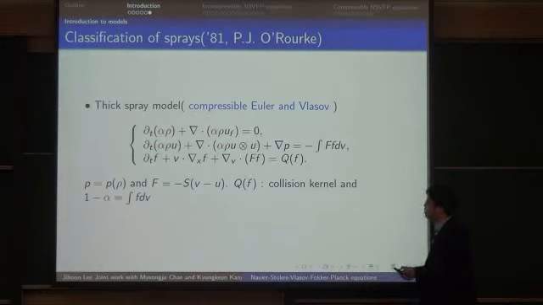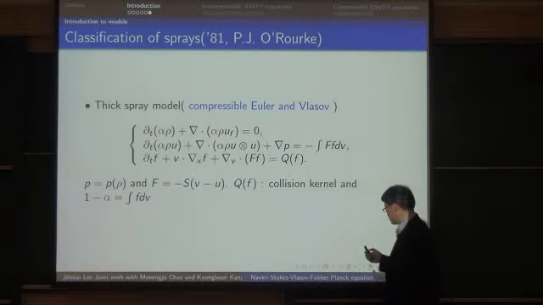So we have the volume fractions here, and there is some evolution of the volume fractions. And we still have the collision term, and the fluid motion is affected by this. So we have much more complex equations.